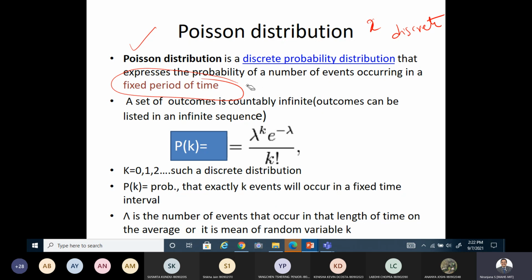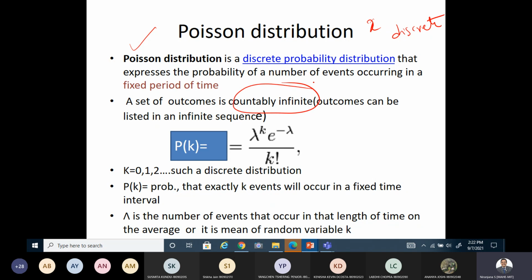Over an interval, we express a mean or average value and try to express the probability, thereby indicating the distribution, or visualizing a particular variation in a given problem. Say, a set of outcomes that is countably infinite.